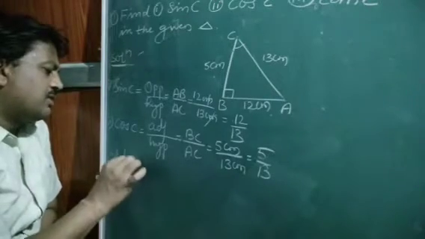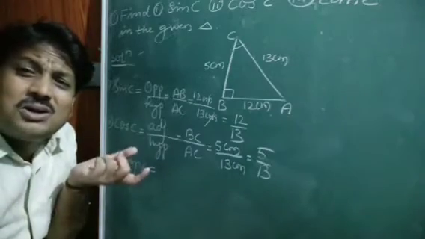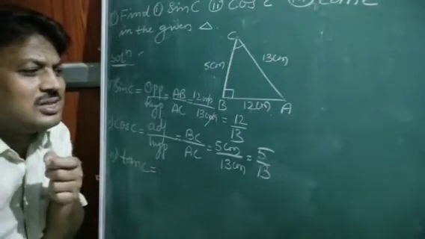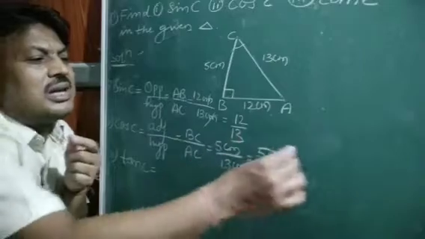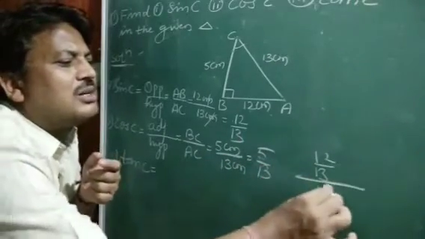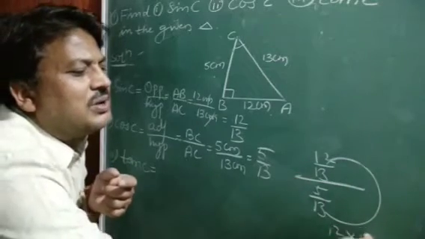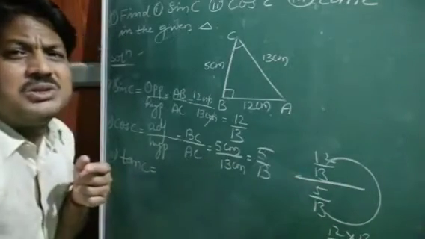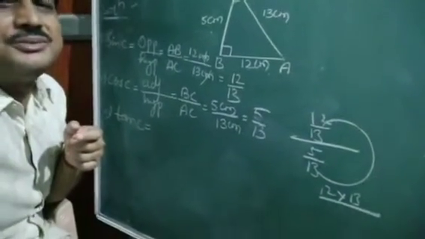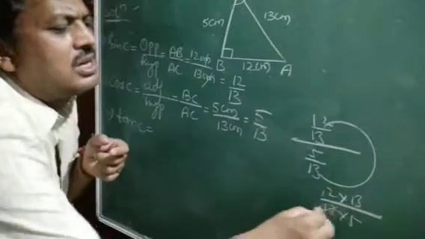Tan C. So tan C can be found out in two ways. Tan C is equal to sin C upon cos C. Sin C is 12 by 13, divided by 5 by 13. First into last, 12 into 13. Second into third, 13 into 5. 13 cancel.